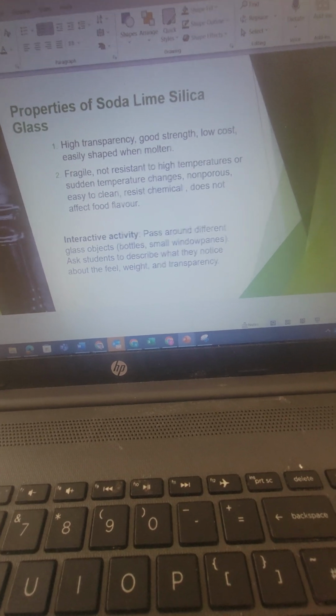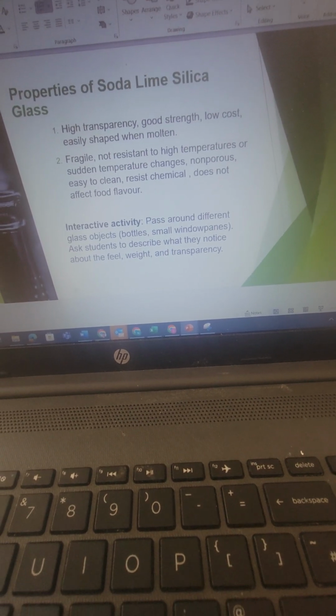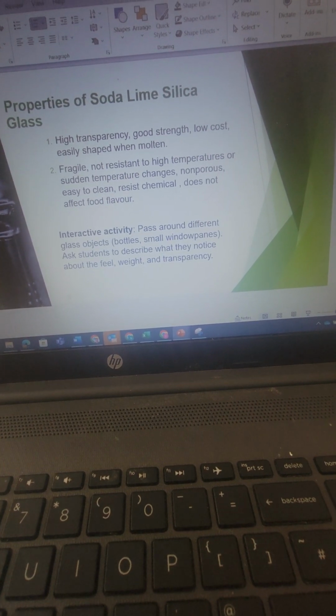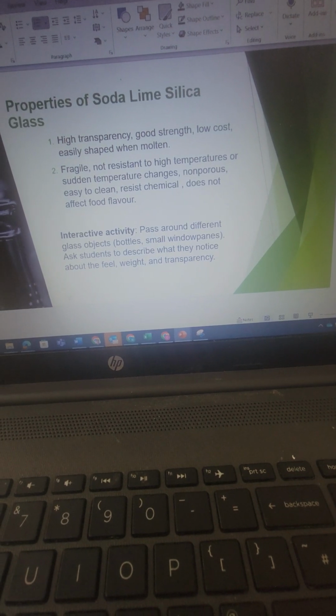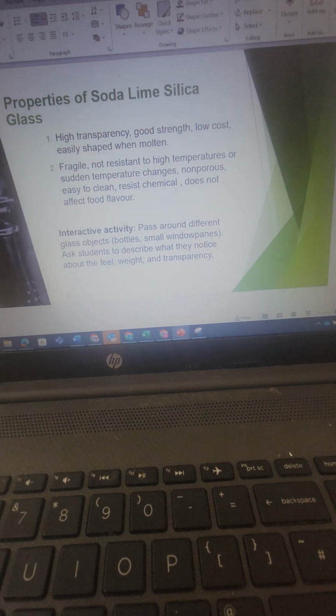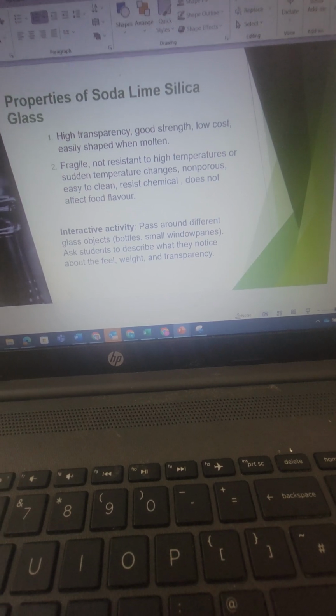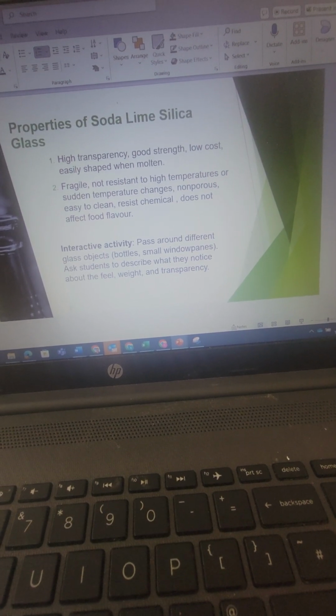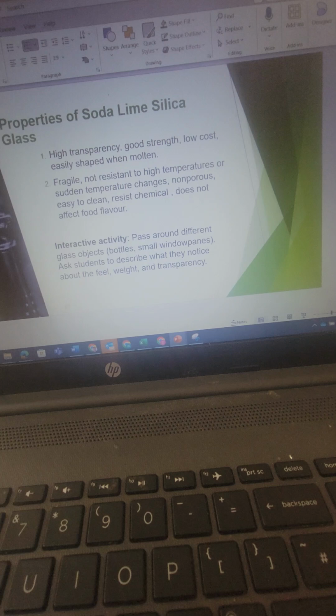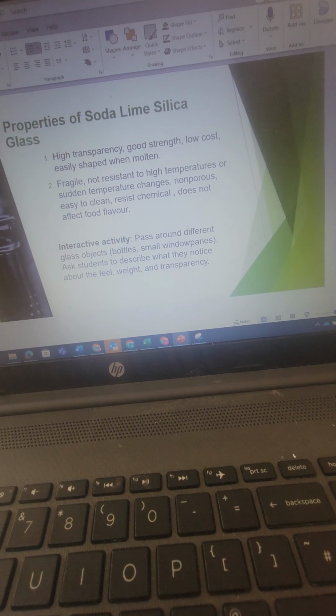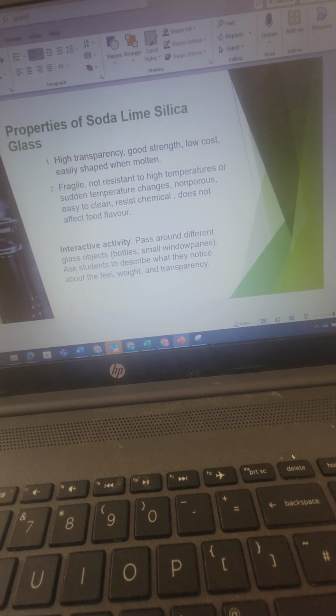These are other aspects we could talk about other times, but they're also fragile, and they are not resistant to high temperature because the annealing temperature is about maybe 540 degrees Celsius. Any temperature above 540, you might be cracking or breaking the glass.